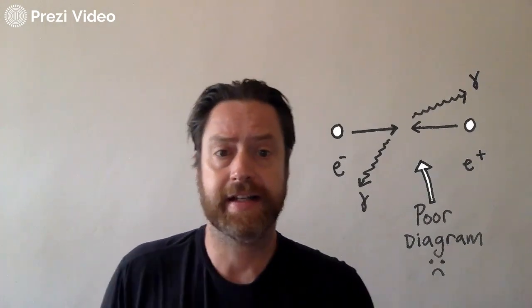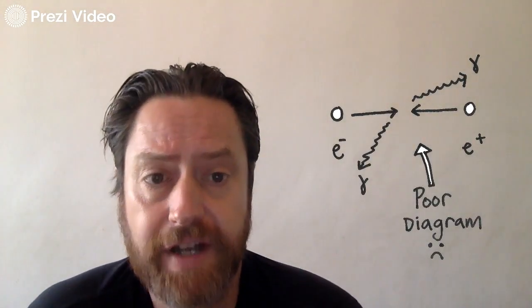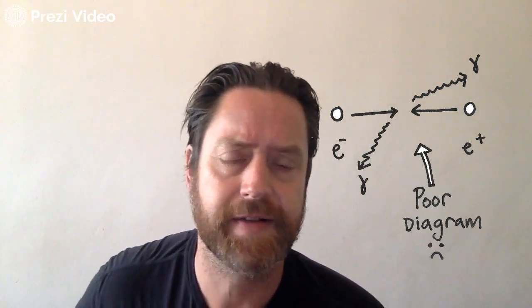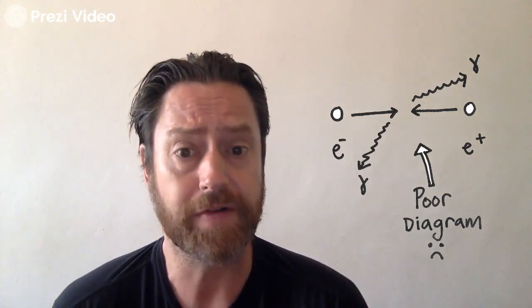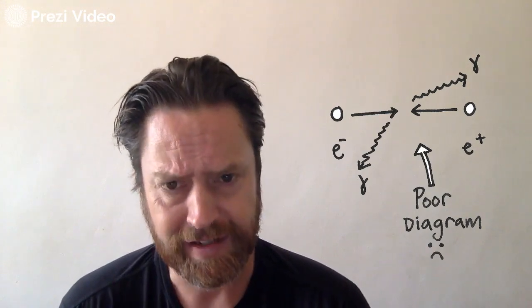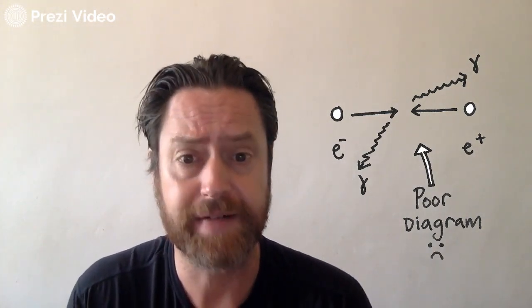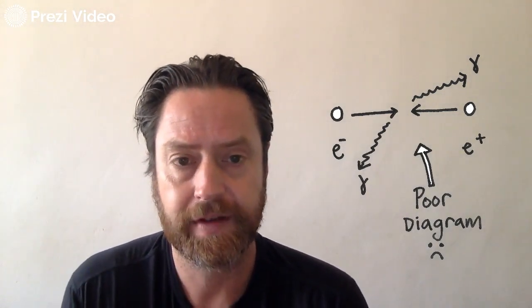So the sort of thing that would happen is, and I'm going to apologize for the diagram here, we've got an electron and a positron colliding with each other. And when we say that it annihilates and stops existing, it means that it changes to energy, but what's the form of that energy? What we really mean is that it produces photons. And photons are particles of light, massless particles, really a packet of energy, I think we described it as last year.